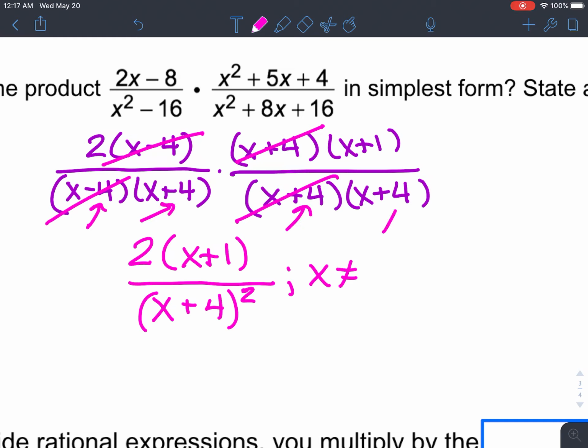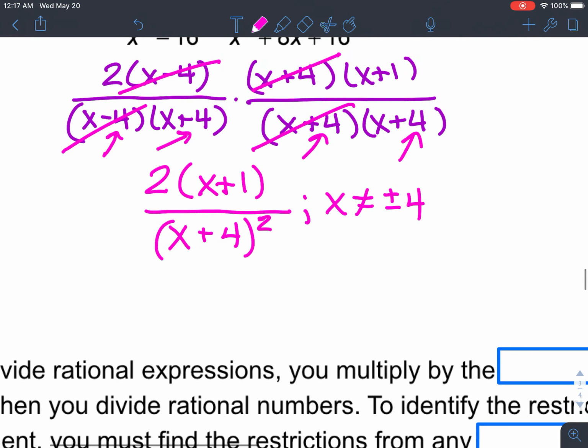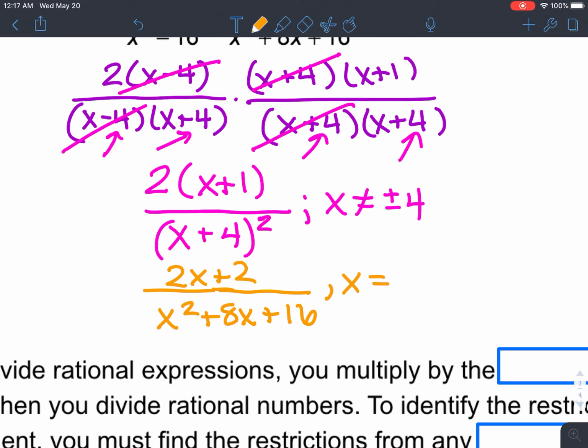So just plus or minus 4. And if you did have to multiply these together, you would get 2x plus 2 on the top, and you'd get x squared plus 8x plus 16 on the bottom, where x can't be plus or minus 4.